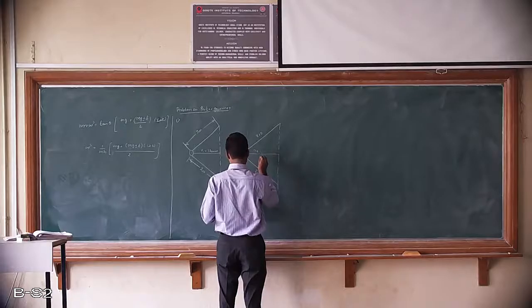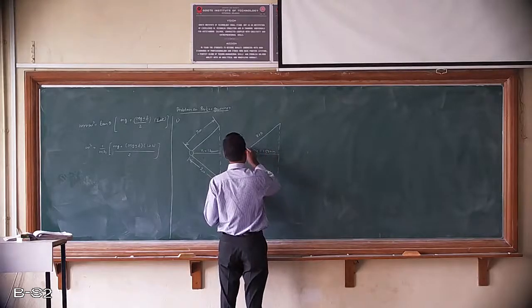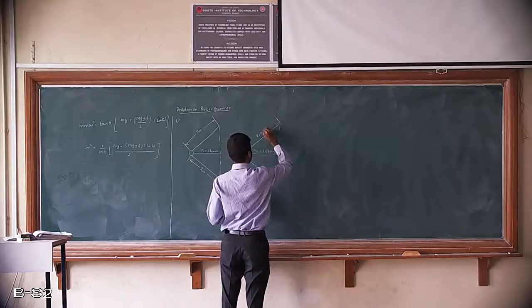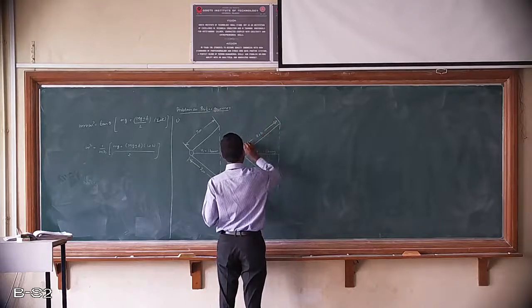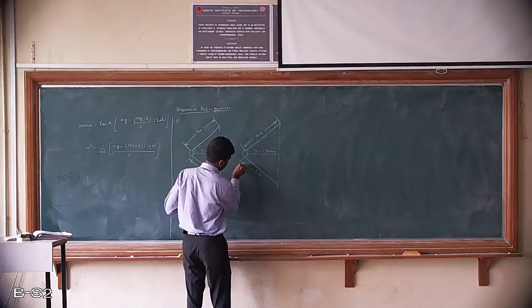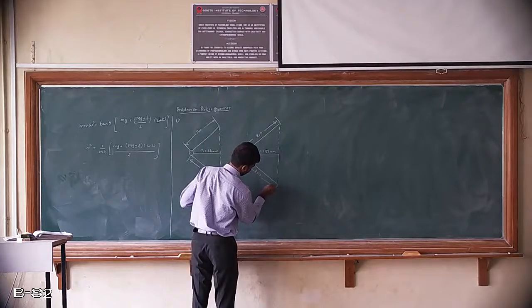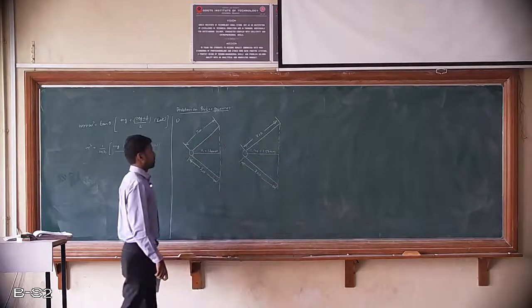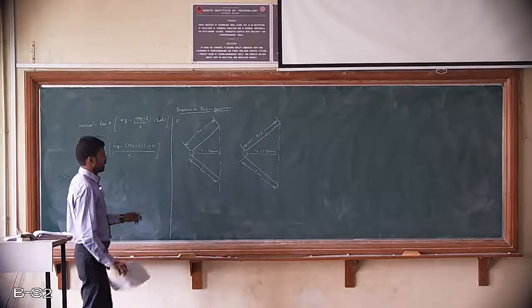R2 is equal to 150 mm. So this length is 200. So two radiuses are there.